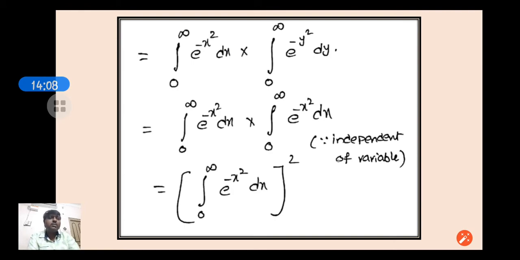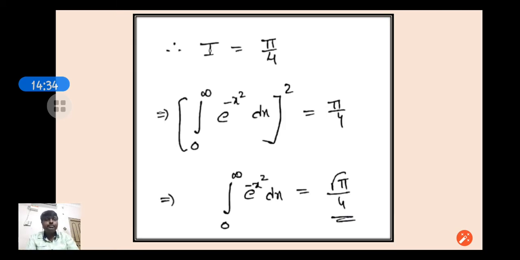So in place of y you can take any other variable, not only x, you can take t or k, whatever variable you take, you get the same value. That's why I am writing x in place of y now. Integral 0 to infinity e power minus x square dx. These two are the same thing. So I am writing integral 0 to infinity e power minus x square dx, whole square.